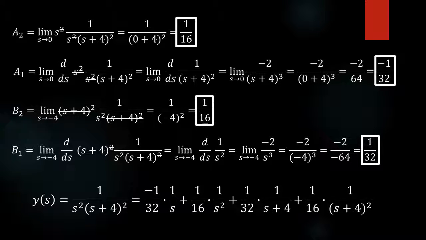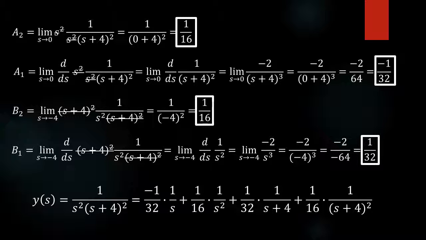Then we are going to obtain the value of B2. We apply the limit when s tends to minus 4 of (s + 4)² times the partial fraction. The terms of (s + 4) are eliminated, and then we apply the value of minus 4 in the letter s, and we obtain that the value of B2 is equal to 1 over 16.